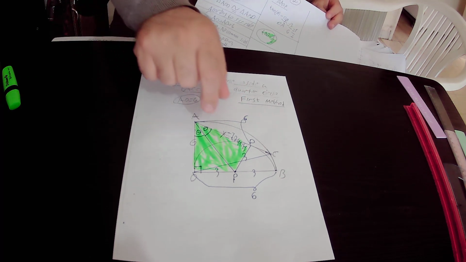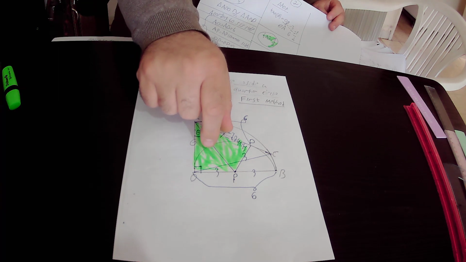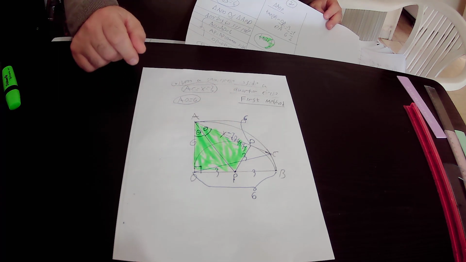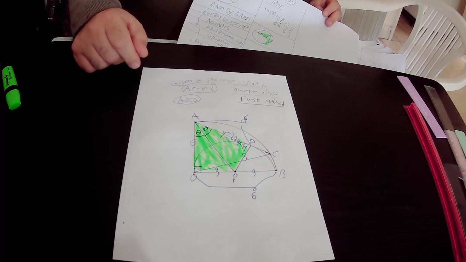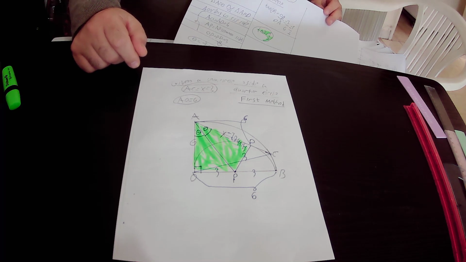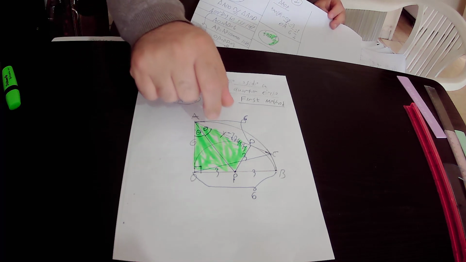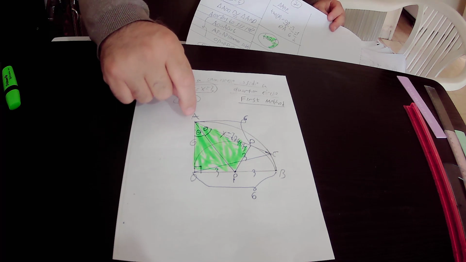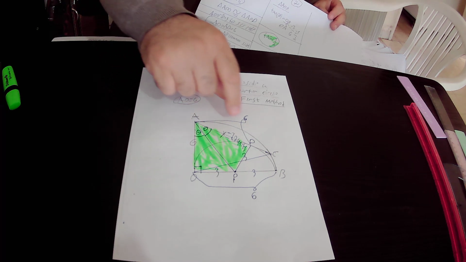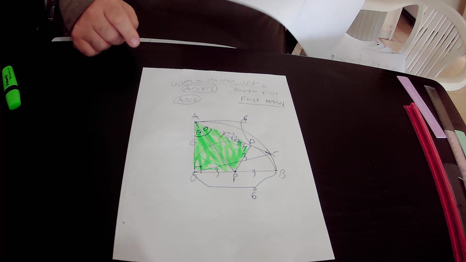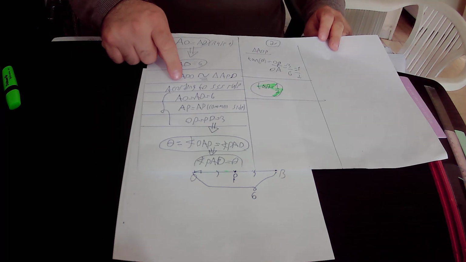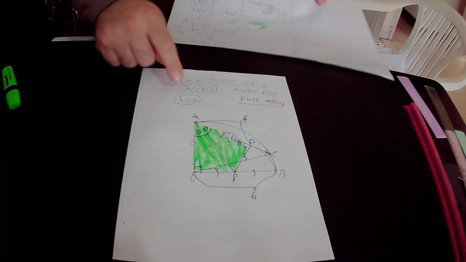Then we prove that those two right triangles are congruent according to the side rule. So why are those two triangles congruent? First of all, AO equals AD equals 6 units.